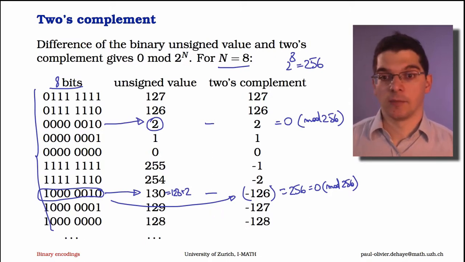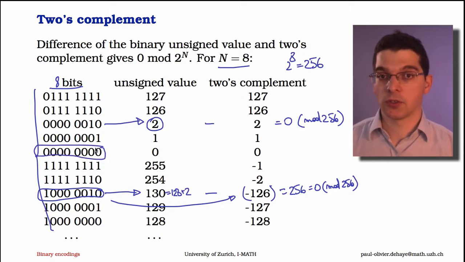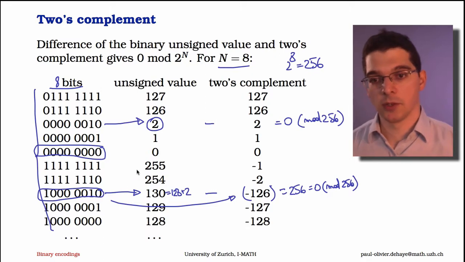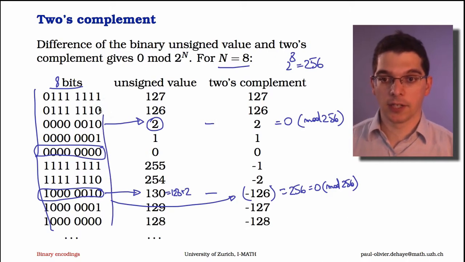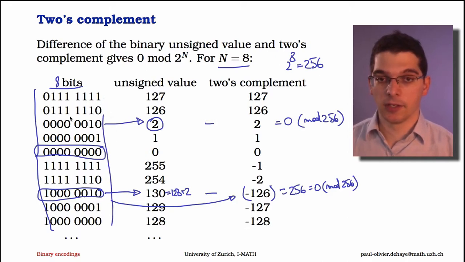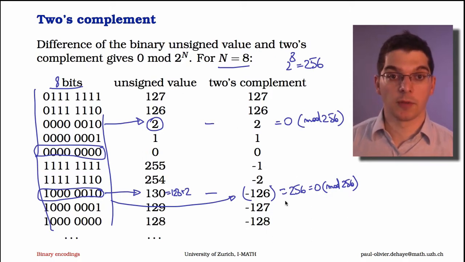Now, why is this good? Well, it's good because the only pattern that can correspond to 0 is this one. So there's only 1 zero. That's one good thing. And the other good thing is that if you think about addition, the sign does not matter at all. If you think about addition and subtraction, you could just take those and perform the operation at the level of the bits, and you would get the exact sum in 2's complement as well.